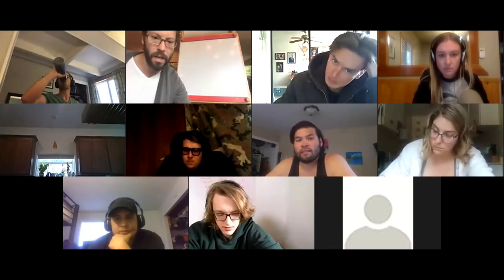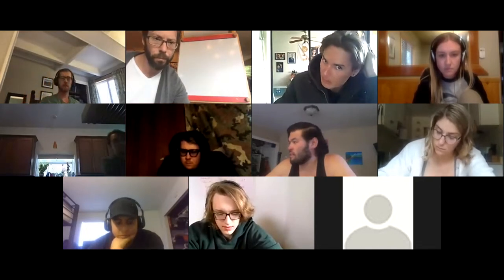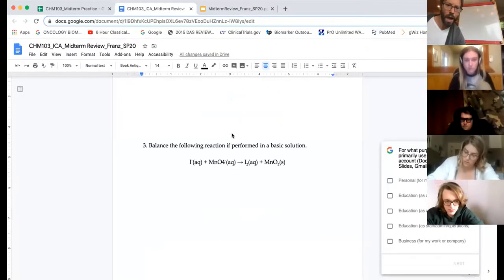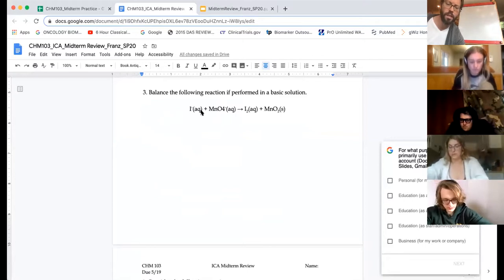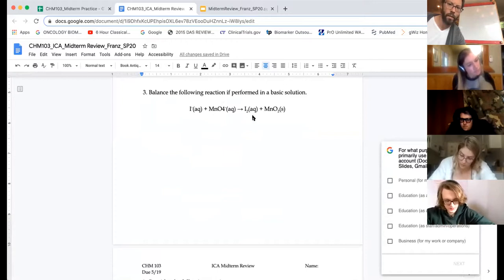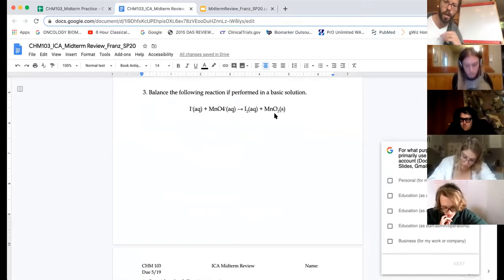All right, so the next one is asking to balance when performed in a basic solution. And so it's this iodide ion and then permanganate giving aqueous iodine and manganese oxide. All right, so we'll write that out.